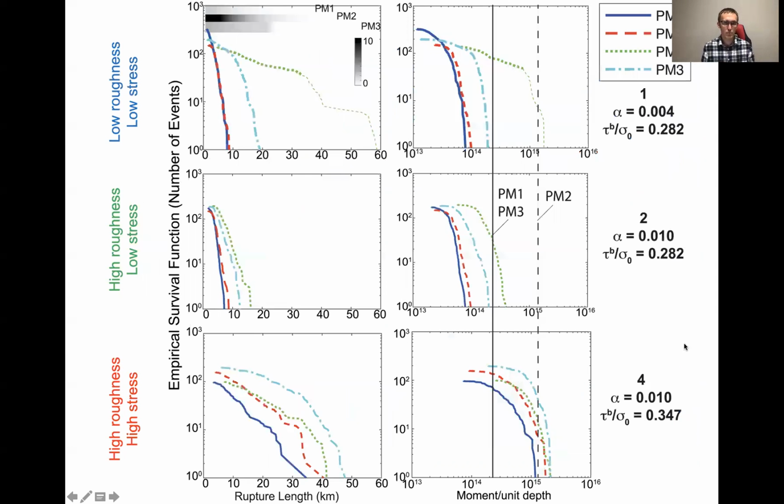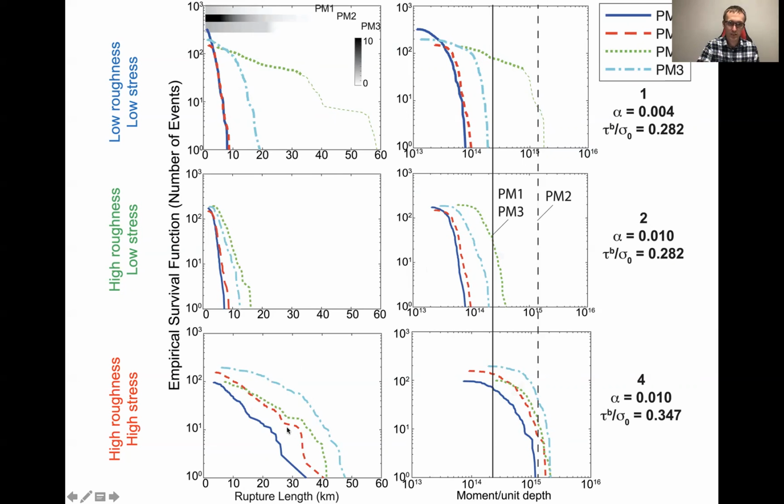If we do this for many, many different simulations with rough faults, we can generate many stochastic realizations of faults. We can run this for many different pressure models, for different stress levels, and for different fault roughness values, alpha being a measure of fault roughness. We see a fairly consistent picture where in most cases, either the ruptures are not reaching the edge of the perturbed region or they're rupturing past it.